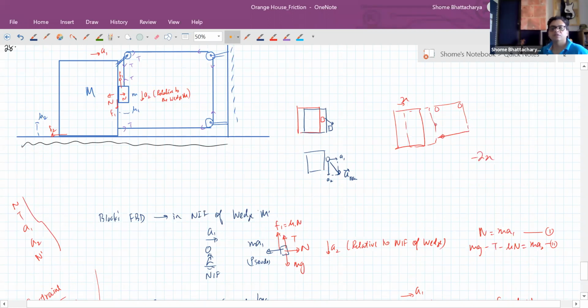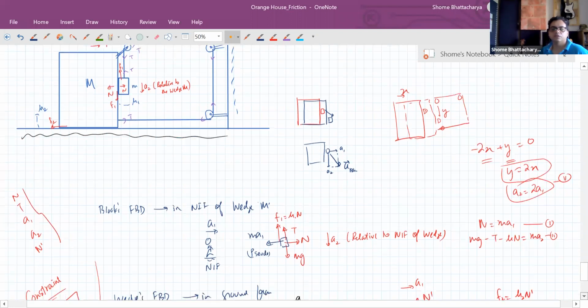In the same time, if the block moves down through a distance of y, it pulls that much thread. So the amount of thread pulled by the block should be equal to the amount of thread released when the wedge moves. So y is equal to 2x, where y is the downward displacement of the block and x is the horizontal displacement of the wedge. So from this you will get that a2 is equal to twice of a1. So that is your constraint relation, which is the fifth equation.